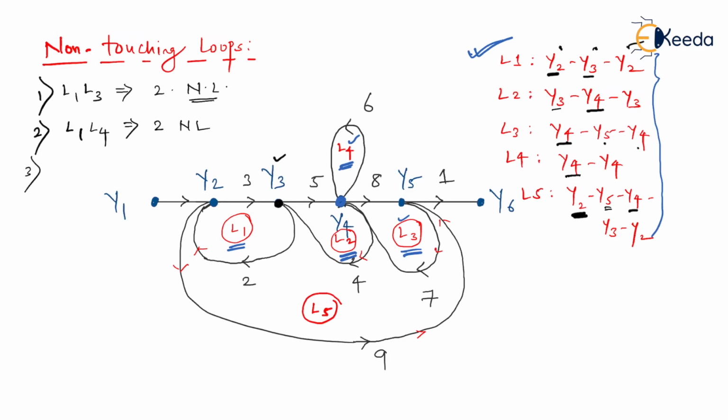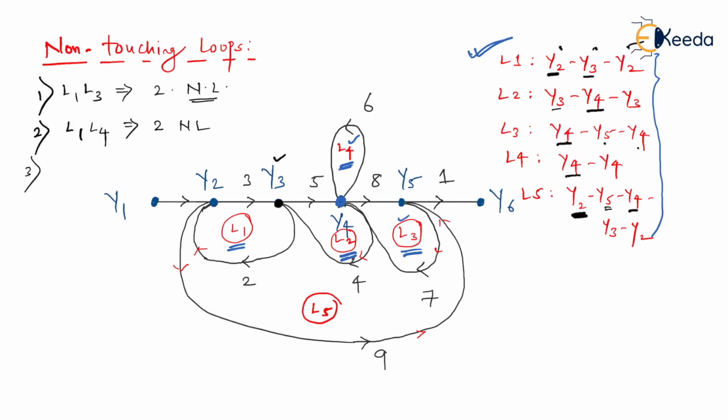So with the methodology I have explained, jot down all the loops along with their respective nodes, and by comparing whether the nodes are common or uncommon, you decide whether they are touching or non-touching.